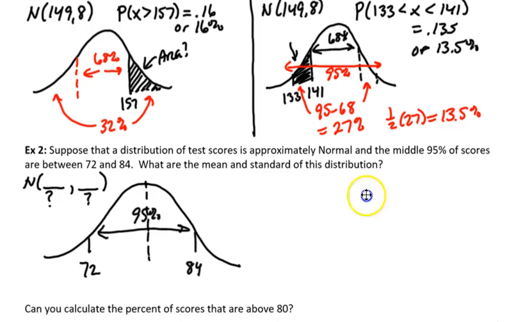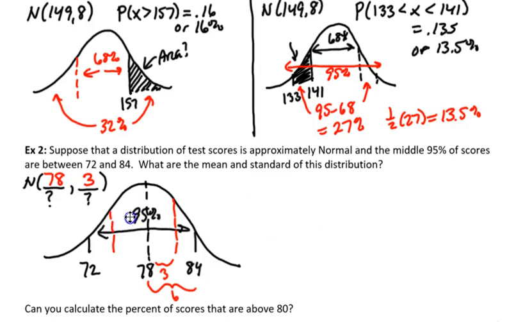Halfway in between 72 and 84, since there's a distance of 12 here, this would be 6 and this would be 6, so this would be 78. And then I want to know what one standard deviation is. That would be this value right in here. Since this is 6, then this is going to be 3. So the standard deviation is 3. So the mean would be 78 and the standard deviation would be 3.